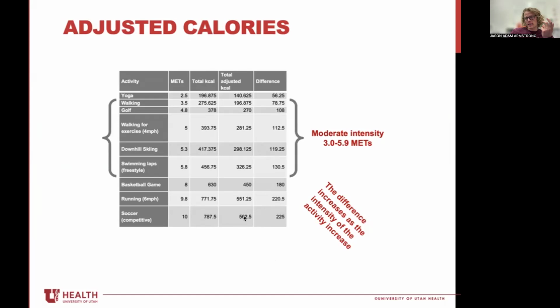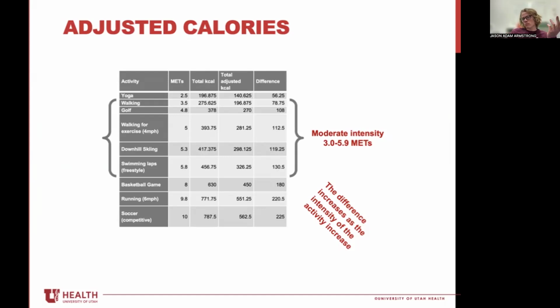So if I'm tracking my calories as an individual and I want to lose weight, right? I'm now off by 225 calories in a single activity, right? If I did that activity 3 times during the week, okay, now I'm off by 675 calories, right? And if I do that for 4 weeks, let's say, and I'm expecting weight loss to happen, now I'm off by whatever that is, like 2,500-ish calories, okay?